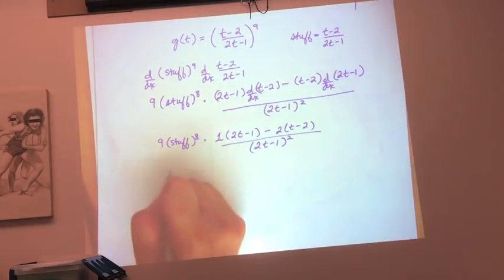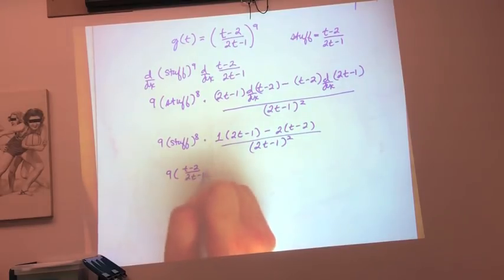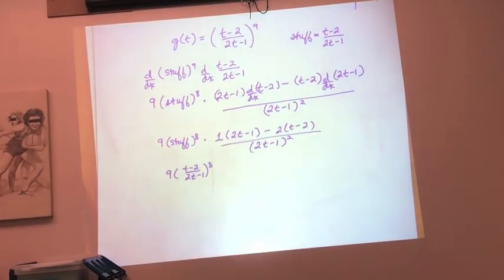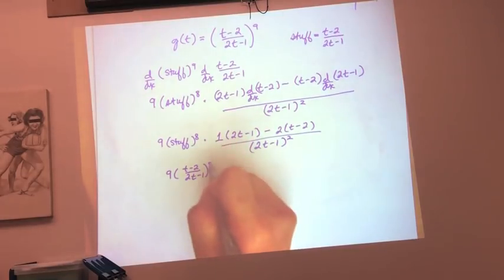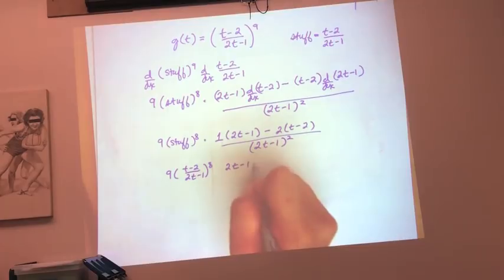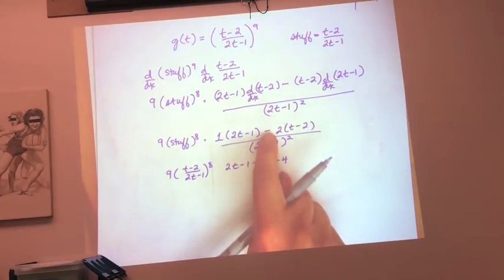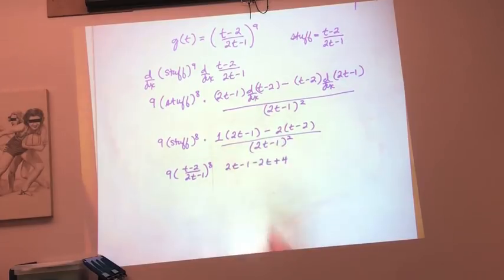So I'm going to go ahead and put my stuff back inside here, since I'm done with the actual deriving of everything. And over here I have 2t minus 1 minus 2t plus 4, because I'm distributing this negative along with that too.